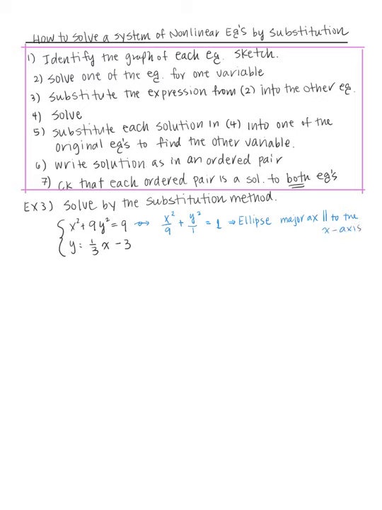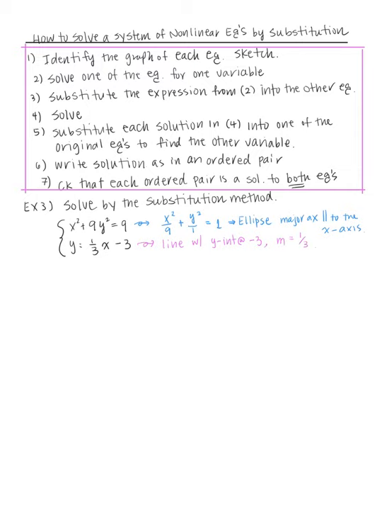Now let's take a look at the second one. We have y equals 1/3 x minus 3. Yes, this is a linear equation, so this graph is going to be a line with the y-intercept at -3 and the slope 1/3.